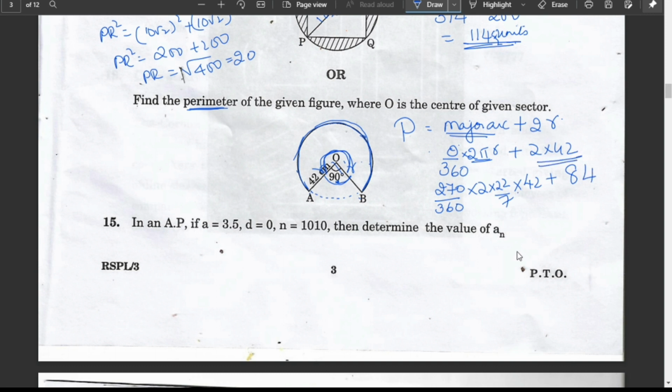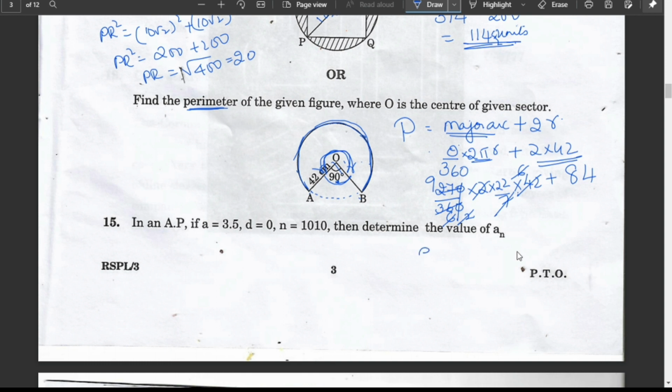Cancel, 0 and 0 cancel, 1 time, 6 times, 6 1 time, 6 times. So we get here 3 2 times, 3 9 times, 2 and 2 cancel.